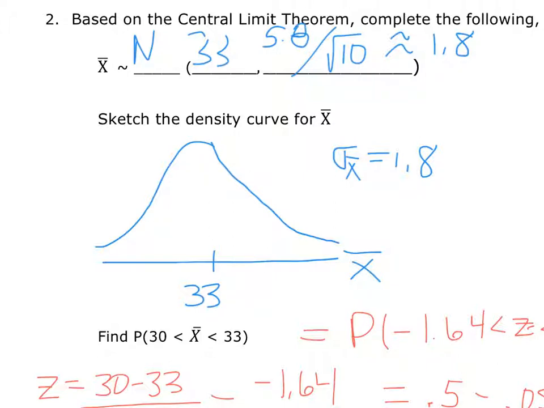It means that it's going to be less spread out and taller, and it's still going to be centered at 33. So this green one is standard deviation of x bar approximately 1.2, and that's with n equal to 25, and I'll label this 1.8 is when n is equal to 10.